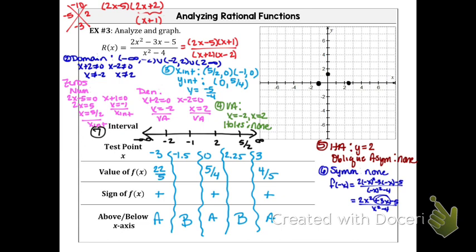Vertical asymptotes at negative 2 and positive 2. And a horizontal asymptote at 1. No holes and no oblique asymptote.